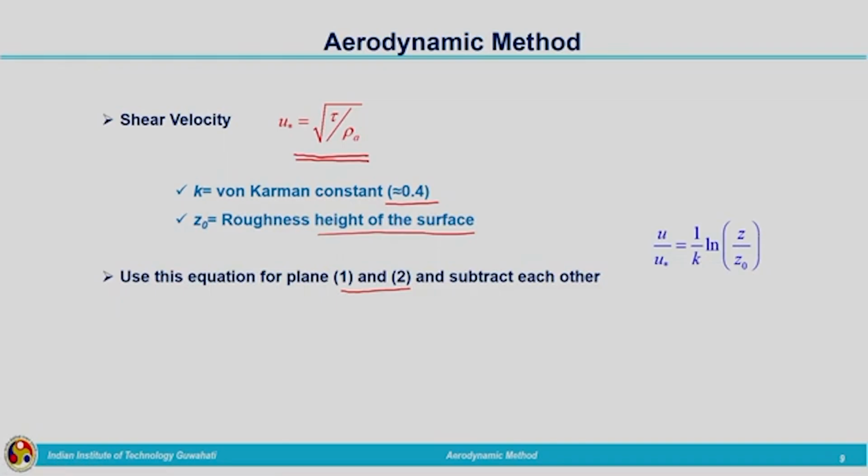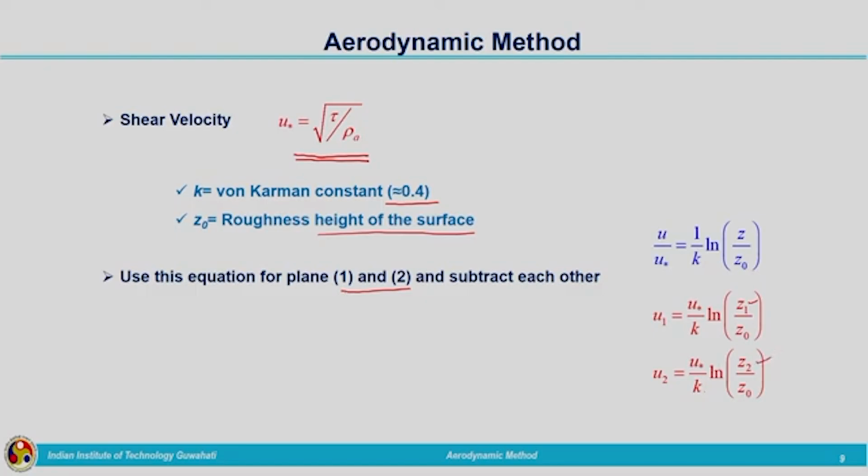Here k is the von Karman constant, z is the level we are considering, and z naught is the roughness height of the surface. We write the equation for two different altitudes: u1 is equal to u star divided by k ln z1 divided by z naught, and u2 is u star divided by k ln z2 divided by z naught.